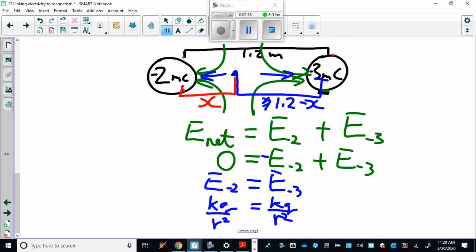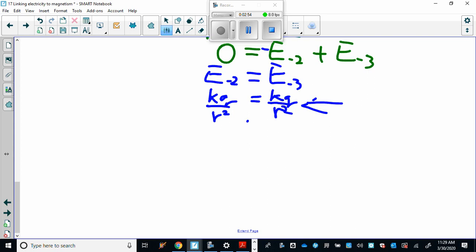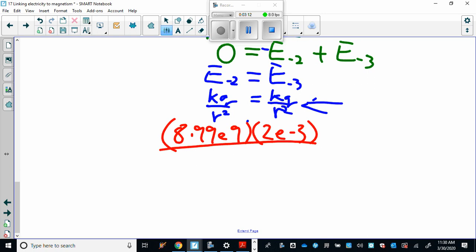So now when I rewrite this statement over here, it's going to turn out as follows. It's going to be 8.99 times 10 to the 9 times the charge of that one, which was 2 millicoulombs, so 2 times 10 to the -3, divided by the radius.